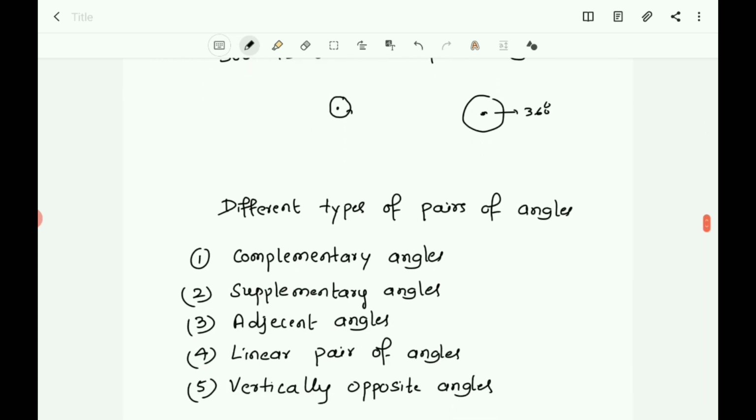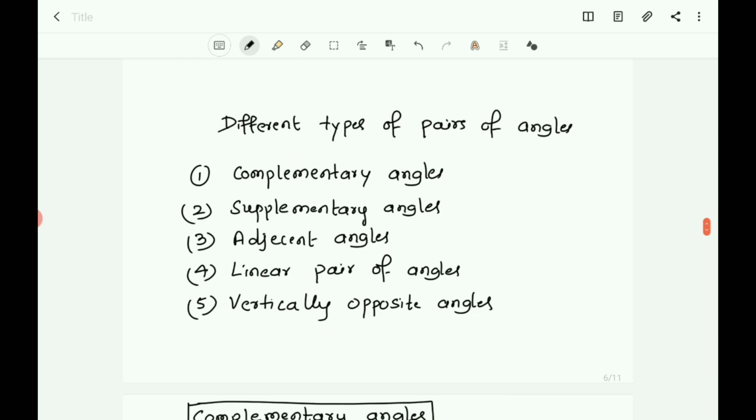Now, different types of pairs of angles. Here, there are pairs of angles and they have their own special properties. First one is complementary angles. So, what are complementary angles?